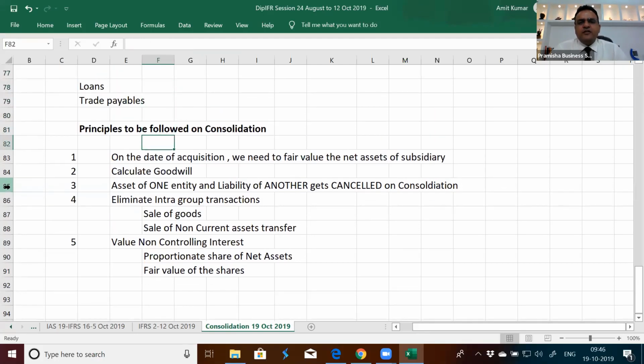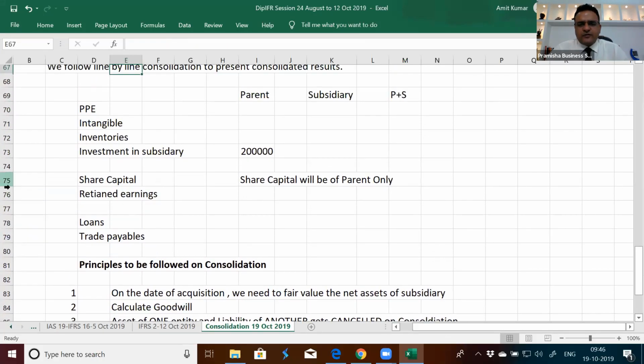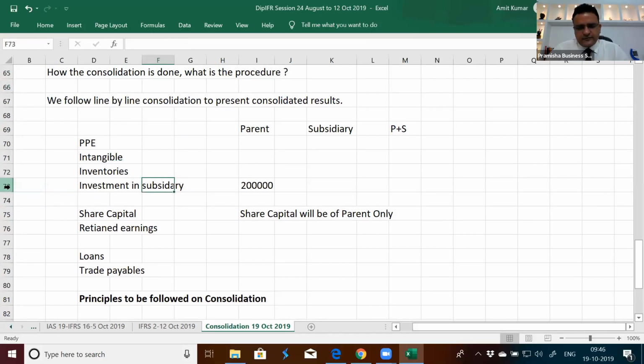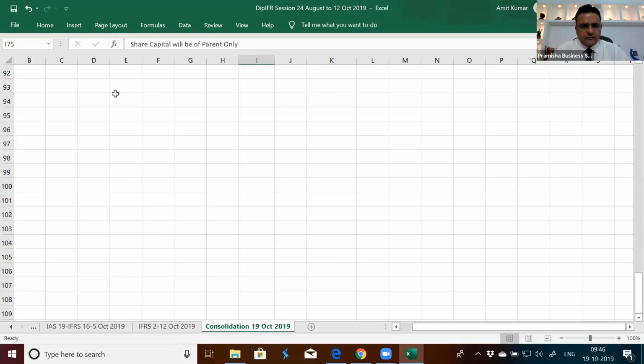Now, the principle that the asset of one entity and the liability of another gets cancelled on consolidation is the reason for not including the share capital of the subsidiary. Why? Because the investment in subsidiary on consolidation in P plus S will replace it. So there is share capital, this investment in subsidiary of 200,000.